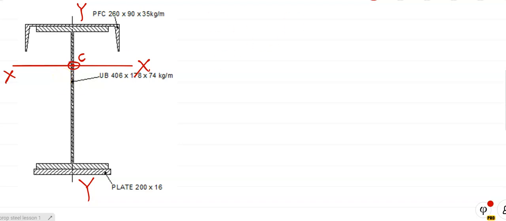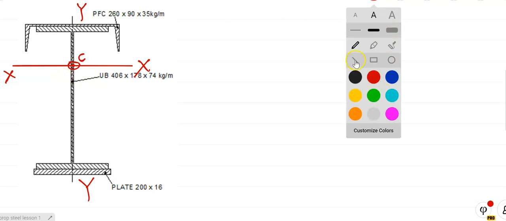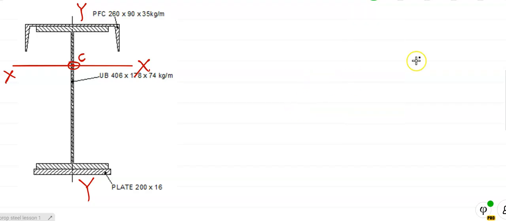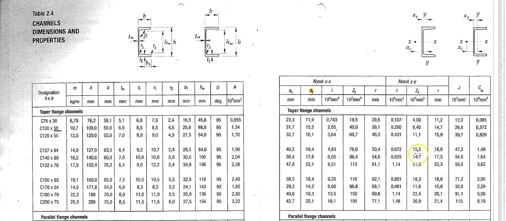Then, people, I'm going to draw in the axes for each of the elements. So there's my channel, and if I quickly go to my section properties, I can see our channel is rotated through 90 degrees.